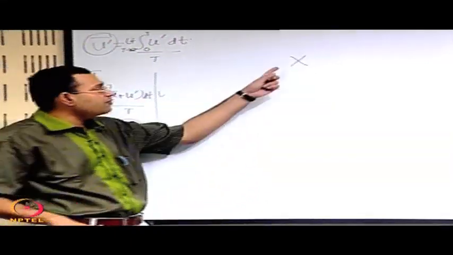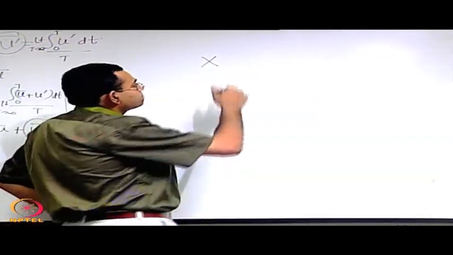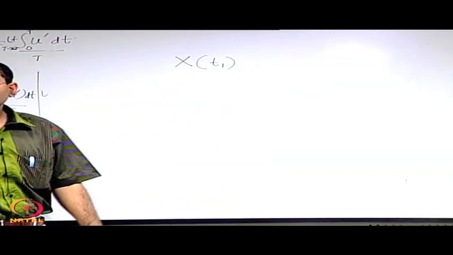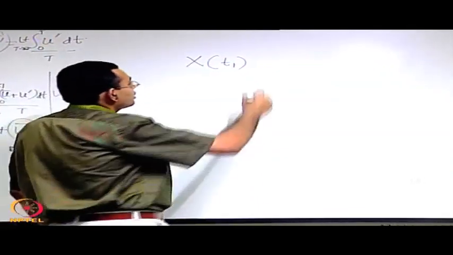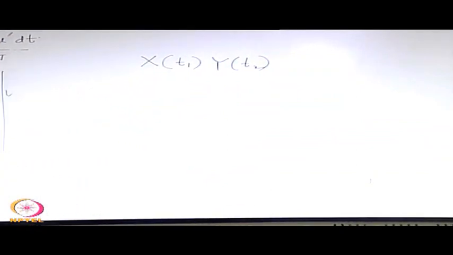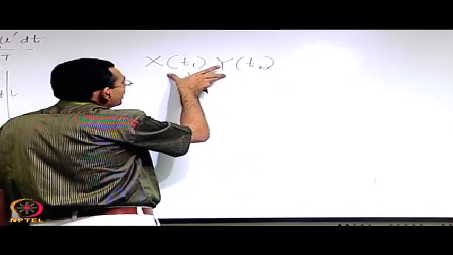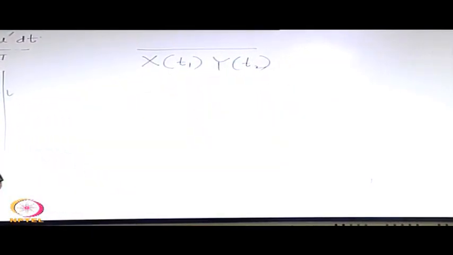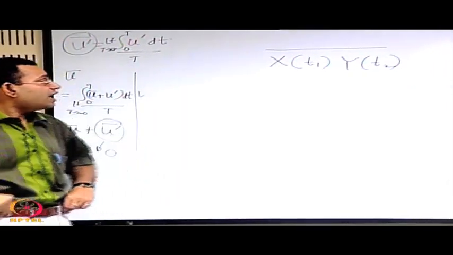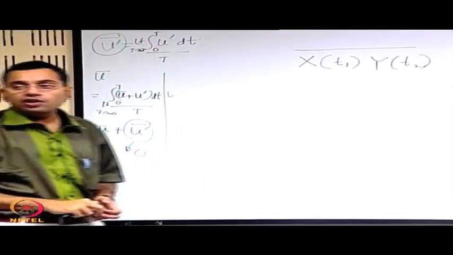Now if you have a random variable x at a time t1 and another random variable y at a time t2, then if you just make a product of these and find the average, it represents the average correlation between the random variables x and y at times t1 and t2.